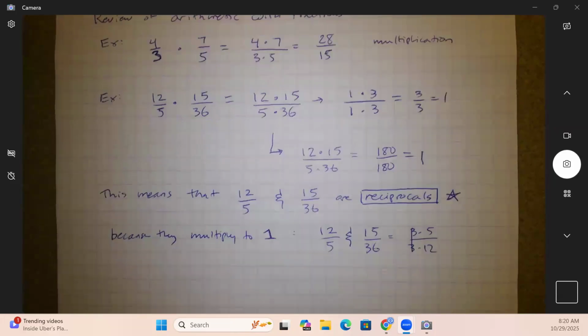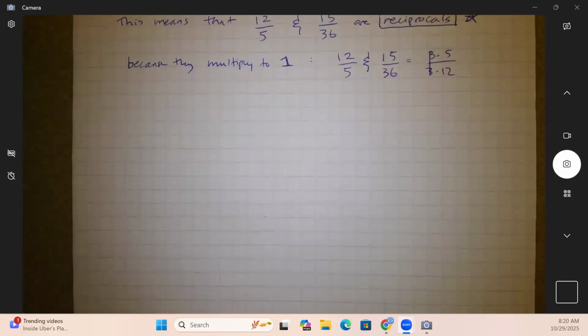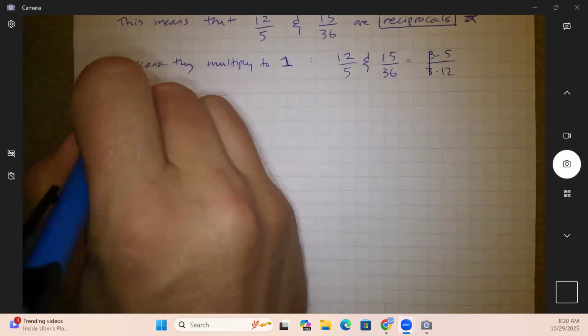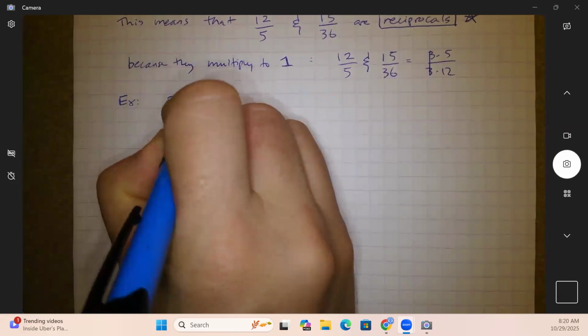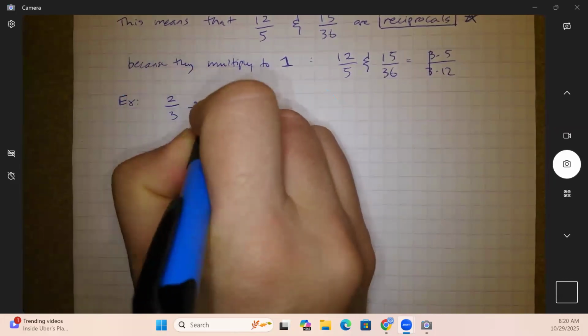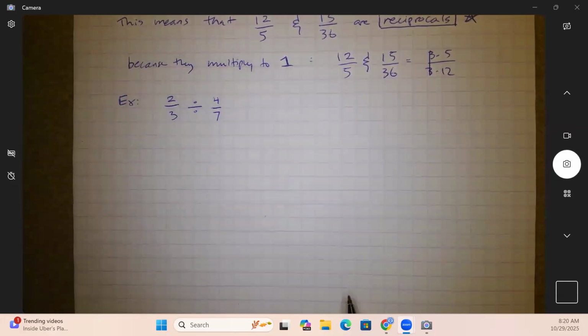Okay, multiplication taken care of. Let's look at division. 2/3 divided by 4/7.